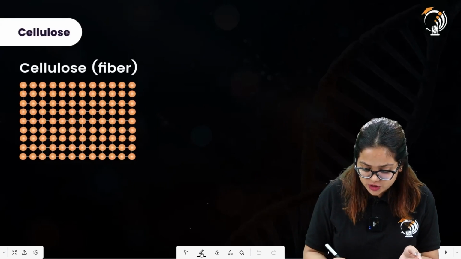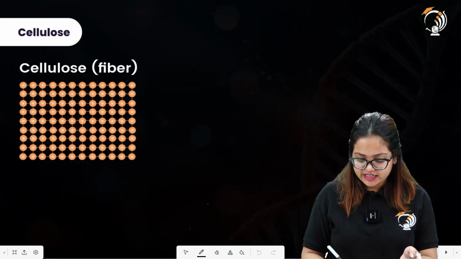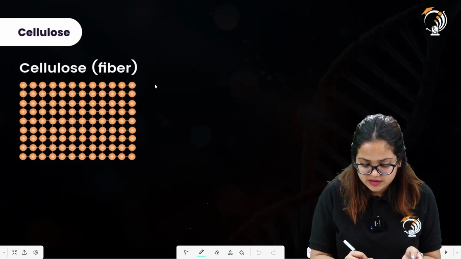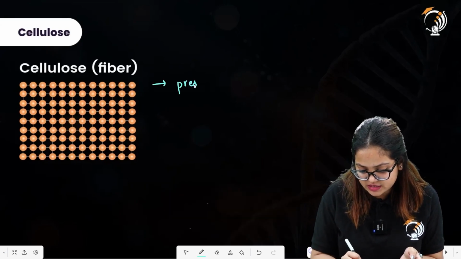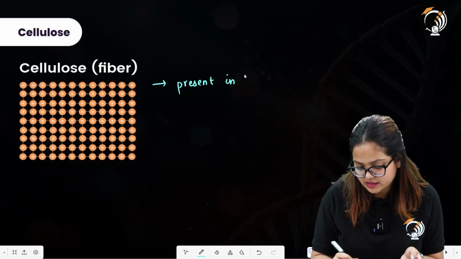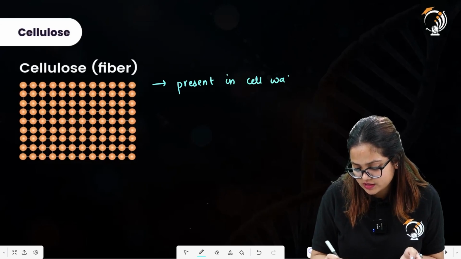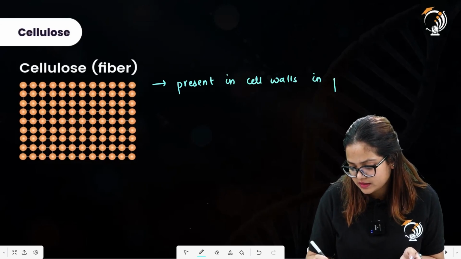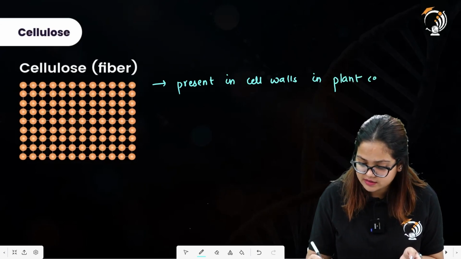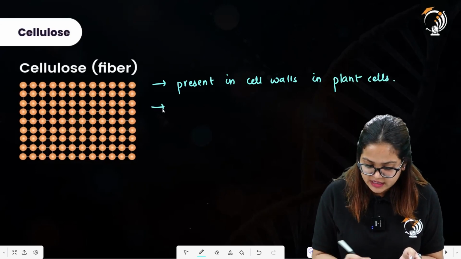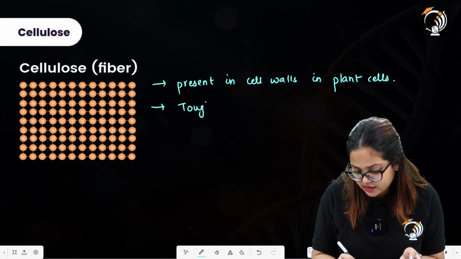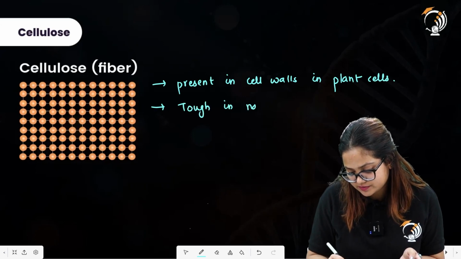And what are these? Cellulose. These are the fiber-like structures that are present in the cell walls in plant cells. They are tough in nature.